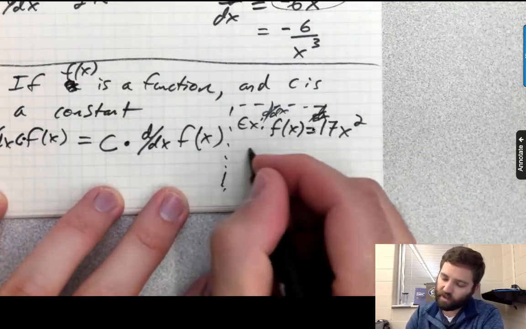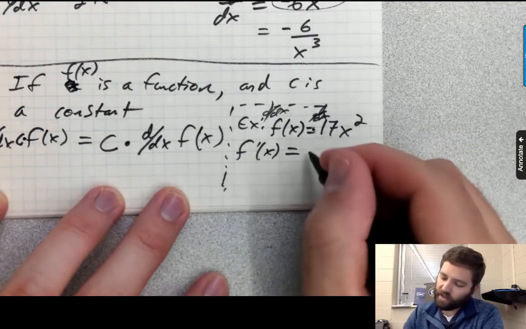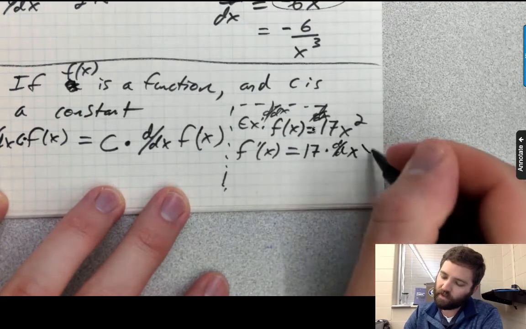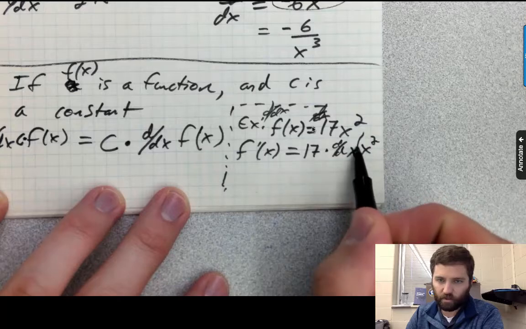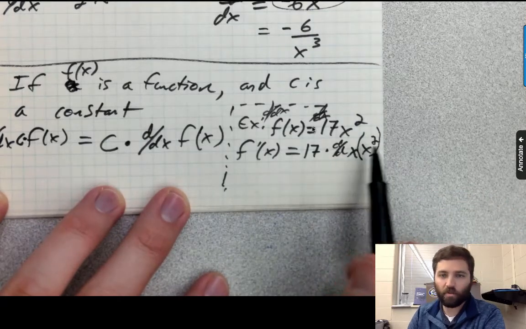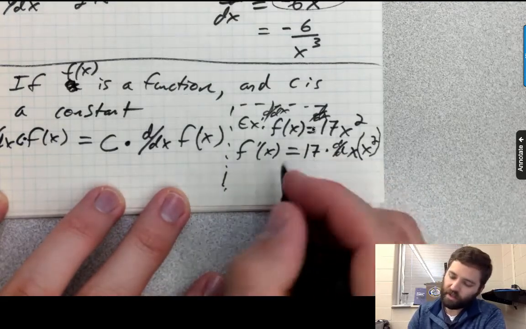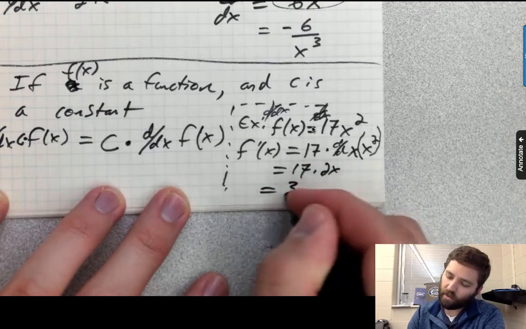Derivative of f of x, I'm just going to write that as f prime of x. Then I can take the 17 out in front, so I'd have 17 times d dx of x squared. So let's just write that. What's the derivative of x squared? Well, that's a power rule problem. 2 times x is the derivative, so I end up with 17 times 2x, so I end up with 34x.